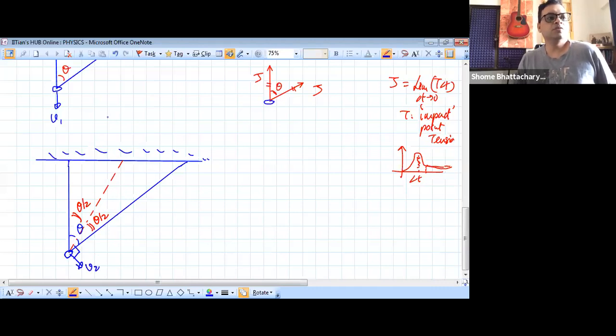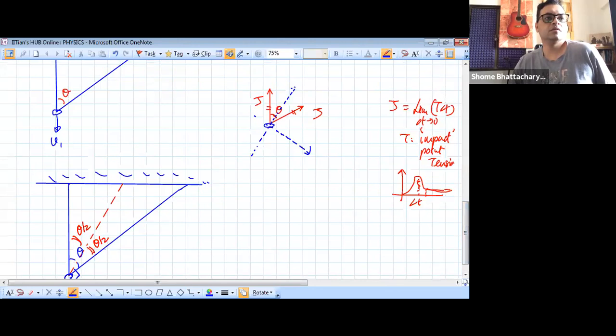Okay. So between this and this, you can see the net impulse is acting along this axis. If you take that as your y-axis and this is your x-axis. Understand? Very good. So this is theta by 2, theta by 2.